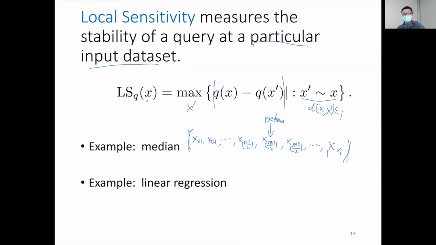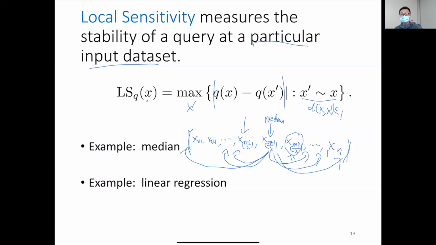But then what's going to happen is that if you move this above the immediate data point that's just slightly larger than you, then this one will become the median. Right, so you can move this anywhere by inserting this anywhere to the right-hand side, and then this becomes the median. On the other hand, if you change this median such that it moves over here or anywhere here, then this becomes the median.